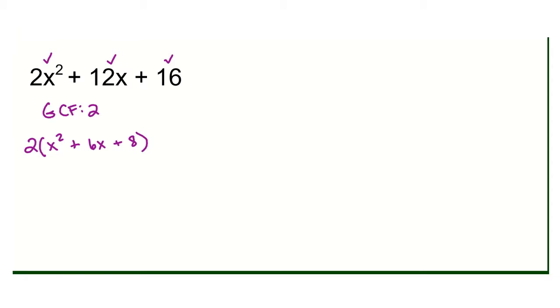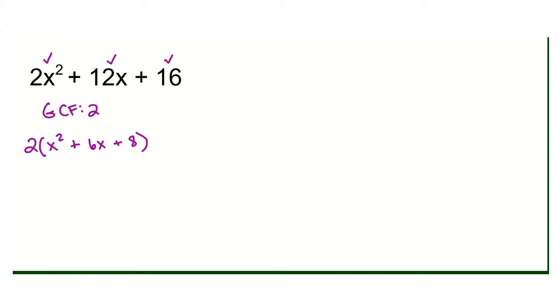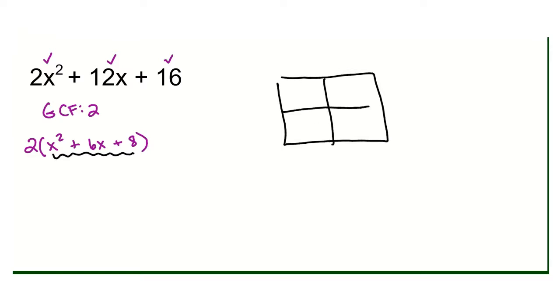So now that I found a GCF and I factored that out, next I want to factor completely, meaning I have to factor what's inside parentheses here. To do that, I'm going to use the area model. So here's my box for the area model. First term goes in the first box. Last term goes in the last box.